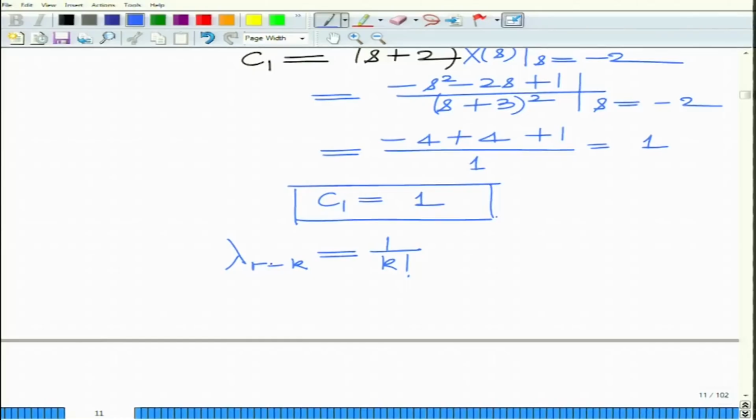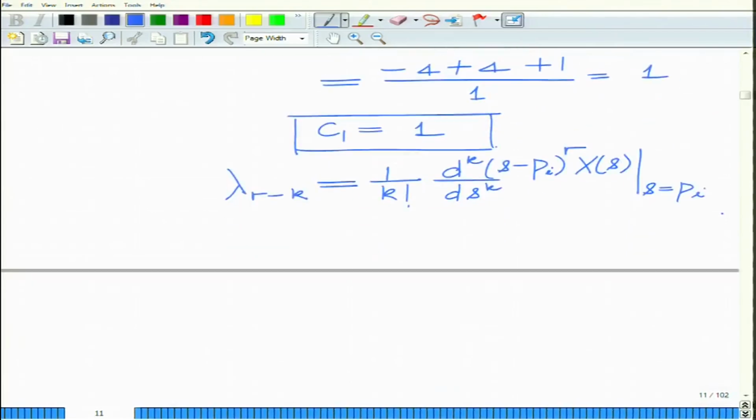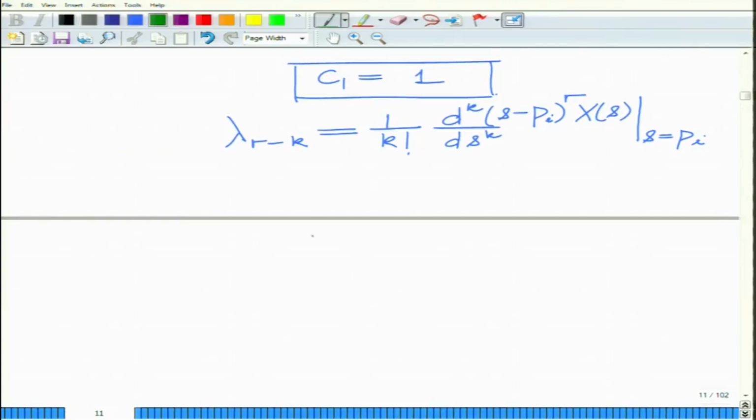Lambda r minus k is 1 over k factorial times the kth derivative with respect to s of (s minus pi) raised to the power r times X(s), evaluated at s equals pi.